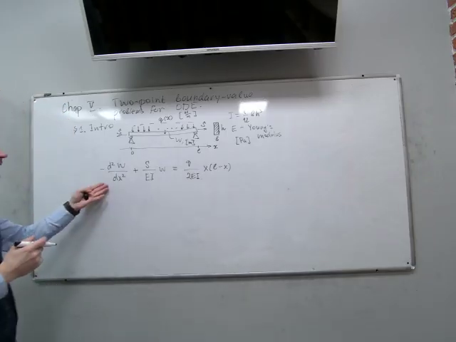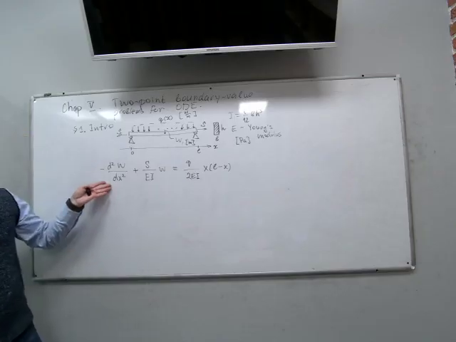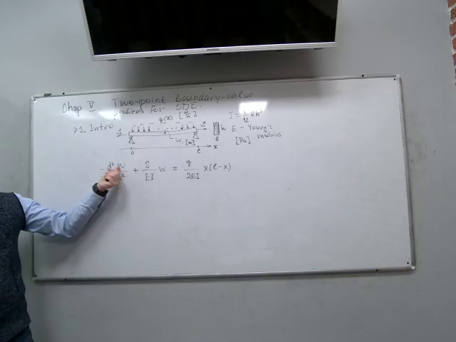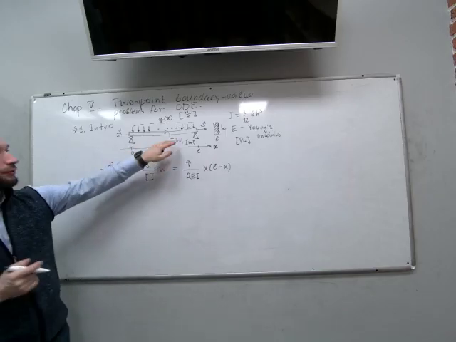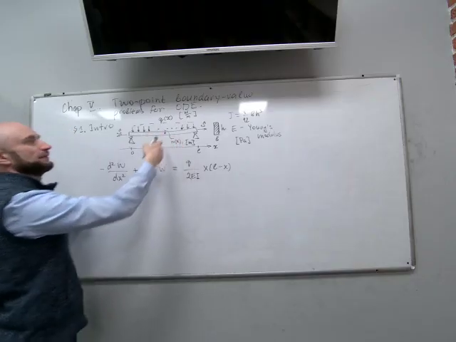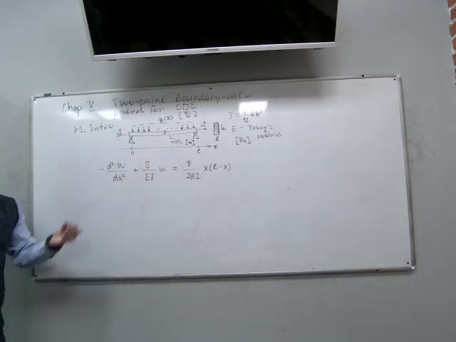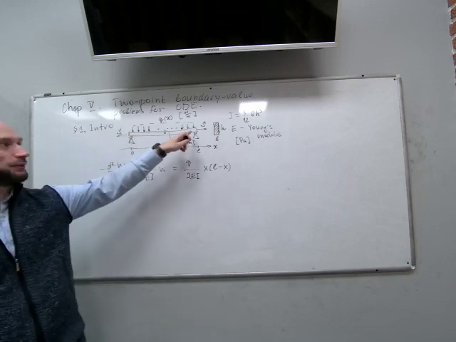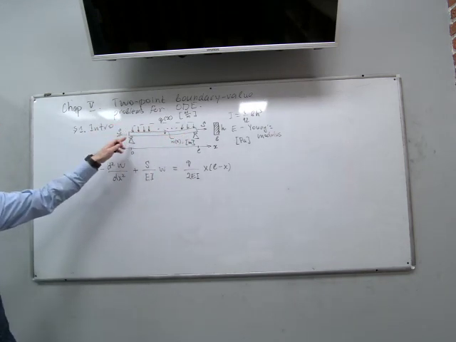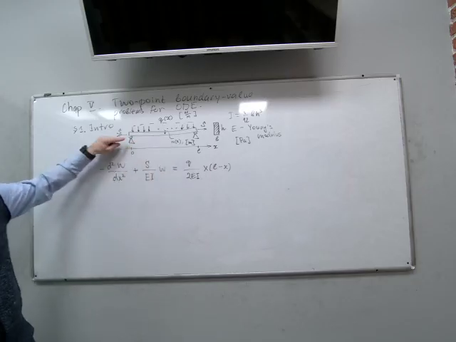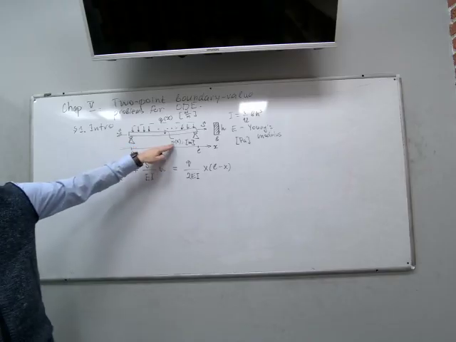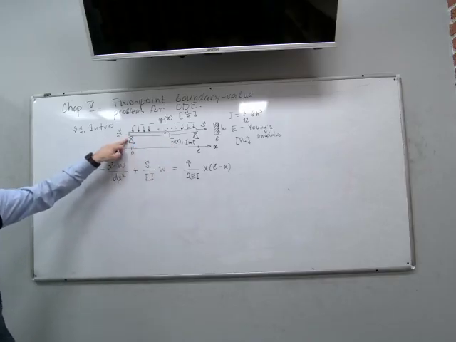So again, what we are having here, this is the ordinary differential equation again. We have only one function. We want to know W. Actually, it's not a constant, it's a function of x, because the deflection will depend on the coordinate. The deflection at the edges is equal to what? The deflection W at this point and at this point. What is the deflection at this point, for example?